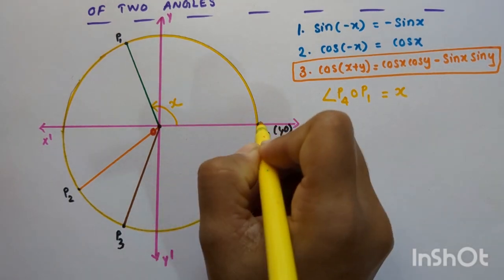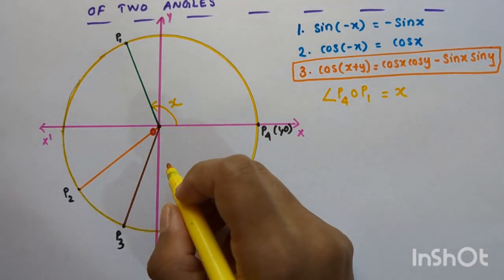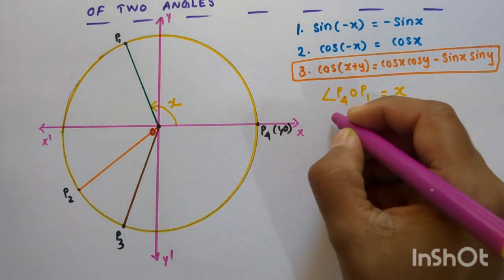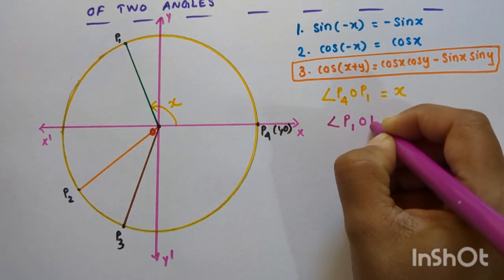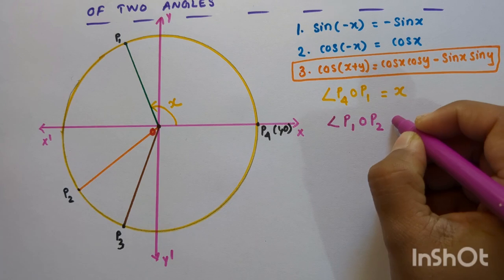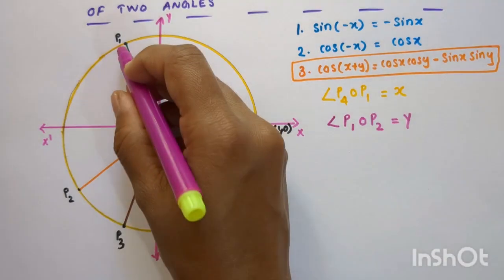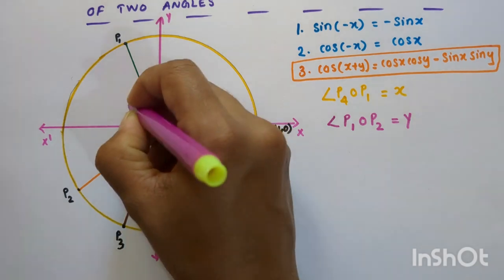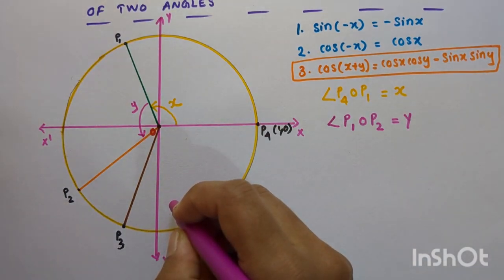Similarly, let y be the angle P1 O P2. That is, this angle P1 O P2 is taken as y.